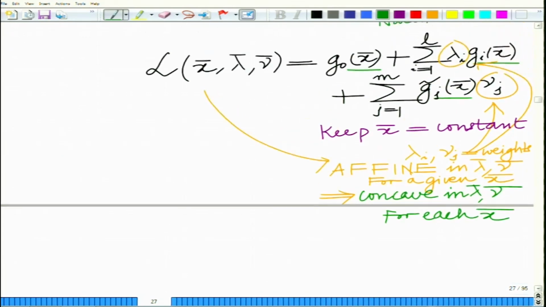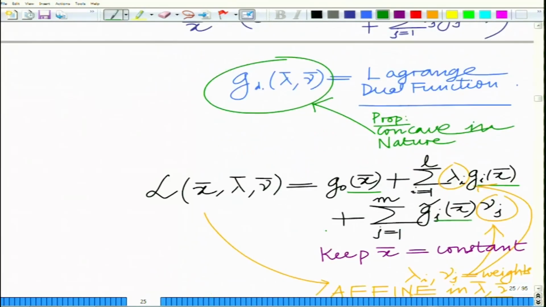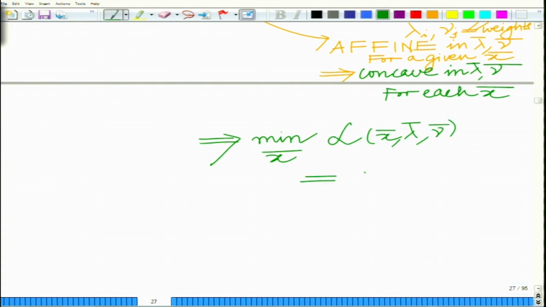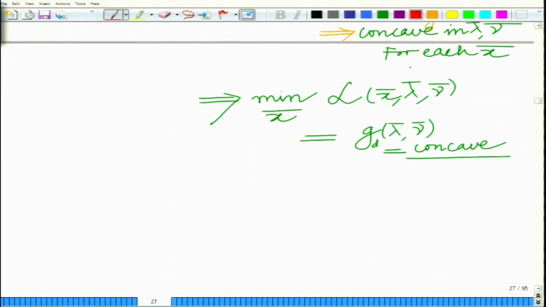Now remember what the dual is doing: it is taking the minimum over x bar. When you take the minimum over x bar, what you get is the Lagrange dual function g D of lambda bar, nu bar, which is naturally concave.